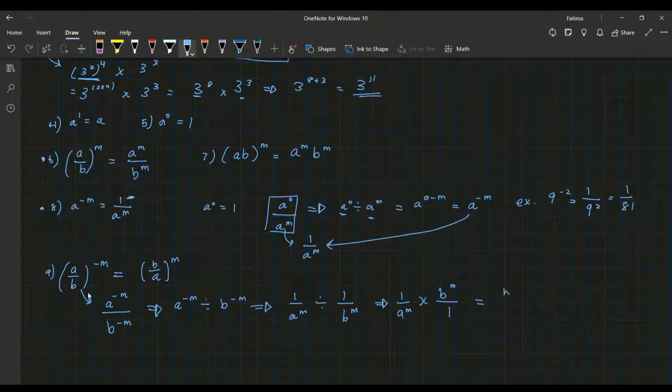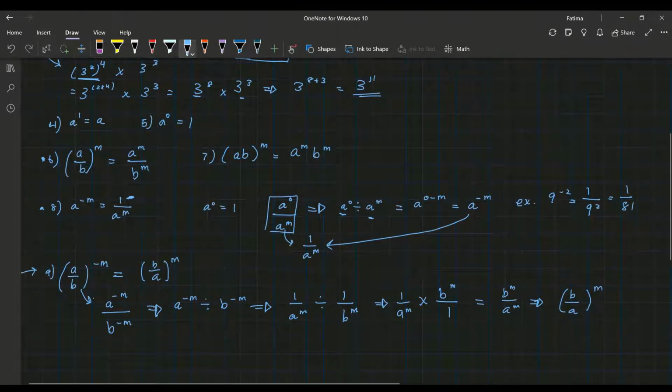Essentially, it would be b to the power m upon a to the power m, which can also be written as b by a whole to the power m, which is what I've stated here in rule number 9. So for any fraction raised to a negative power, you can reciprocate that to make the power positive.